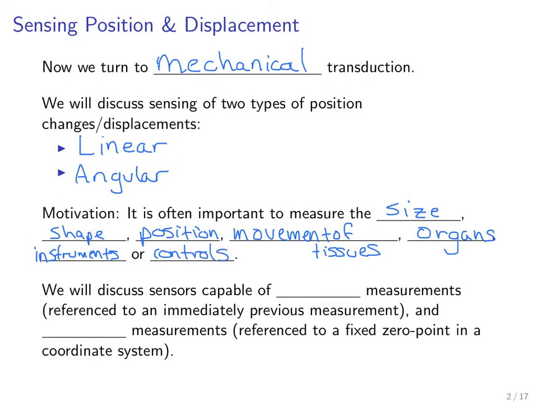For example, in the OR kinds of engineering developments that Dr. Galloway is concerned with, he has to look at precisely determining the position of a given instrument that the surgeon is holding with respect to the tissue.